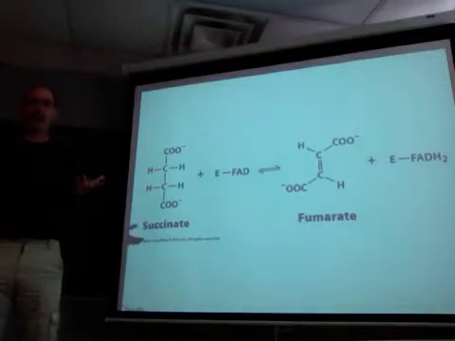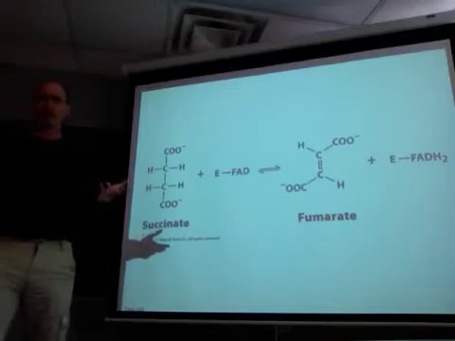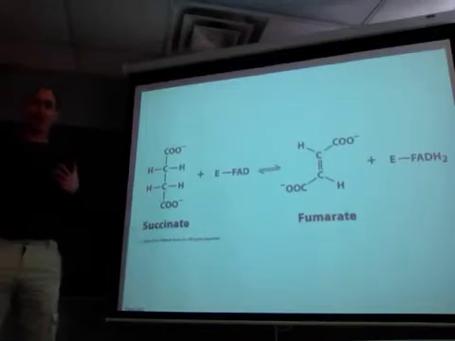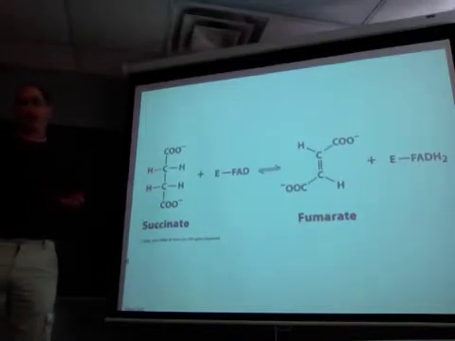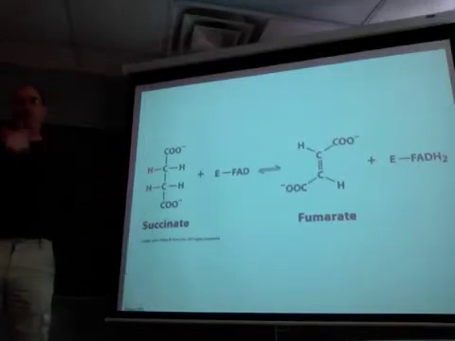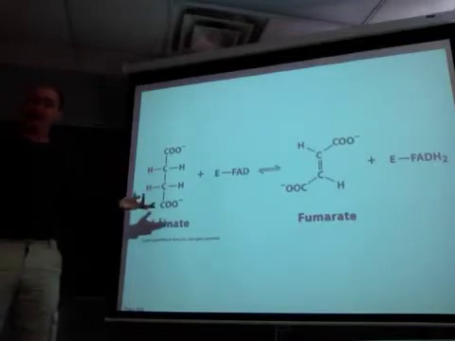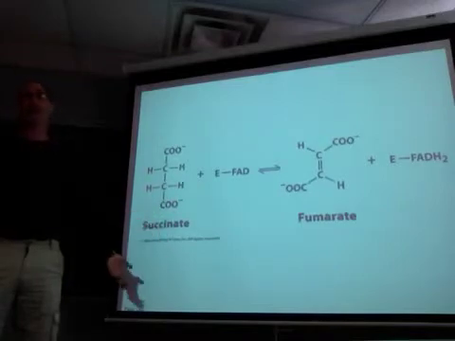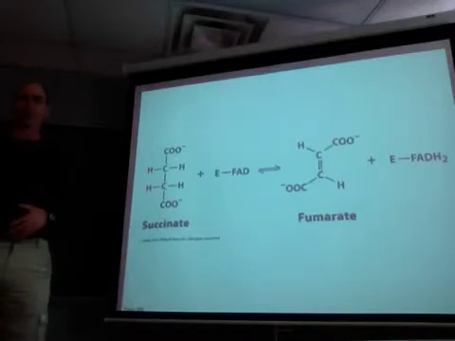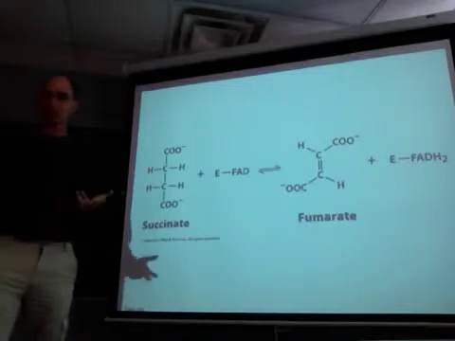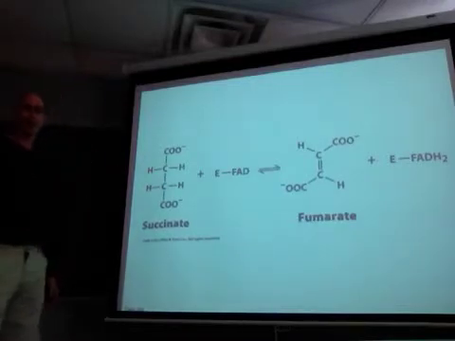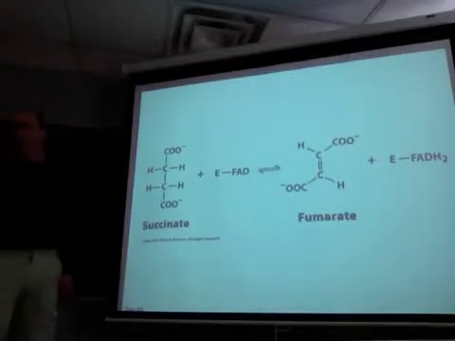FAD. It uses FAD as a coenzyme, or at least a flavin. And so it takes 2 electrons from NADH so that it can reduce coenzyme Q. Succinate dehydrogenase, which already has the electrons in FADH2, can directly reduce coenzyme Q. So we'll see that connection when we talk about electron transport. Okay?